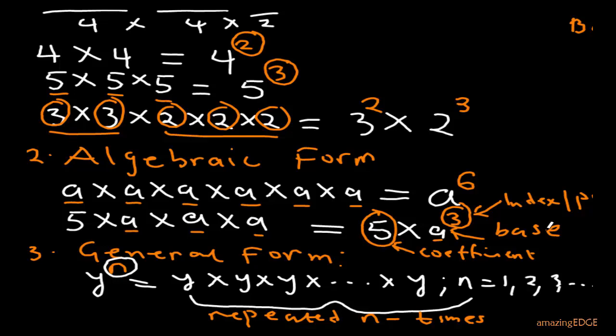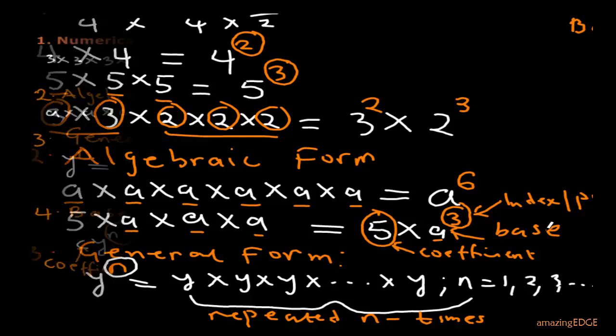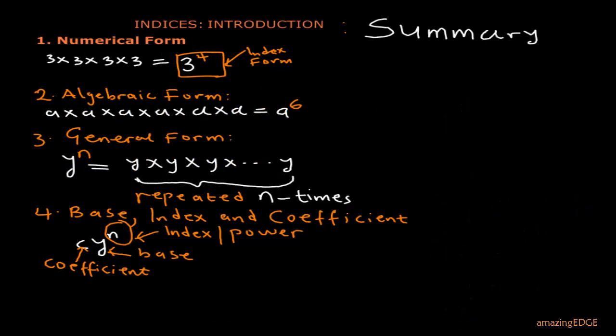So we conclude this lecture with a summary and see in general what we are saying. We have said in numerical form, when we see a compact multiplication, we can write it in a simplified form. This simplified version is what we call the index form.